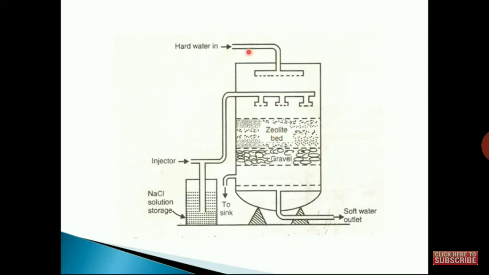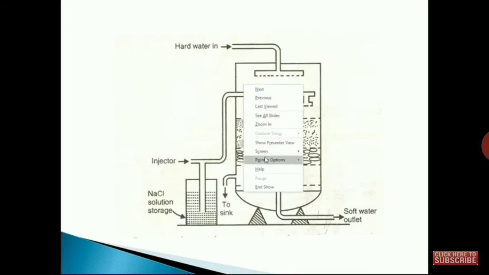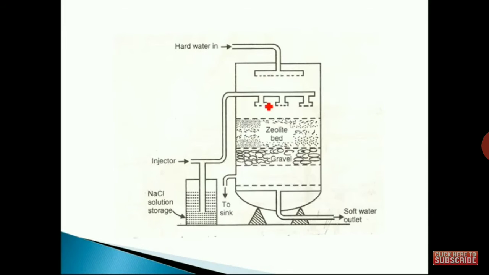So the hard water coming from here, you can understand in that manner. In this water the calcium ions are there, Ca2+, or it may have magnesium ions also, so I can write Mg2+ here. When this water flows, these magnesium and calcium ions are trapped in the honeycomb structure of the zeolite.